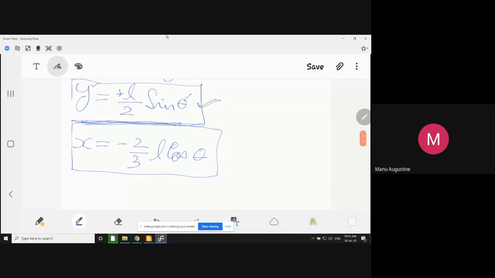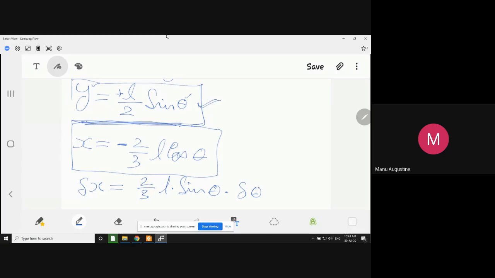Now you have to take the derivative. Please do the differentiation for me and tell me what is delta x. This we had done yesterday also. So give me the relationship for delta x here. It will be 2 by 3 L sin theta del theta. Very good.